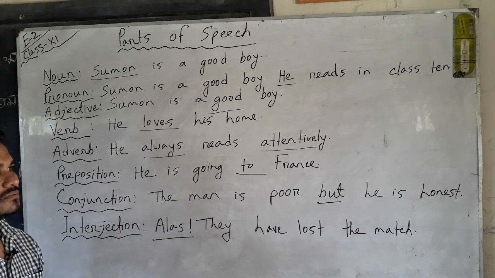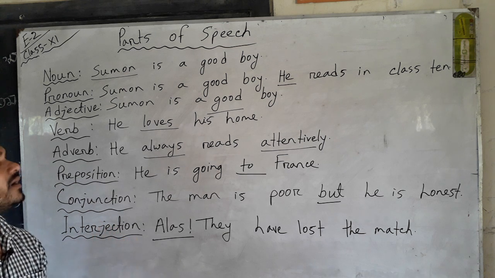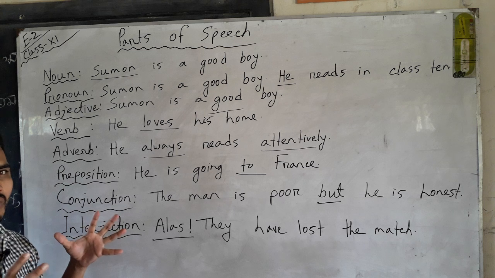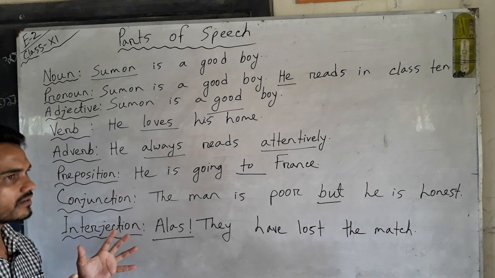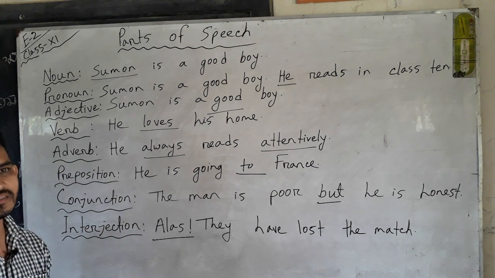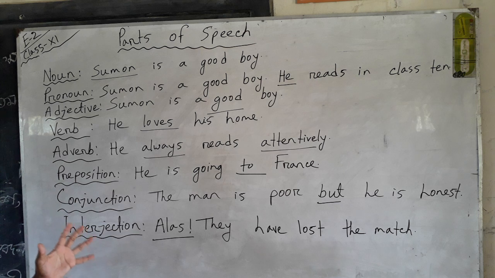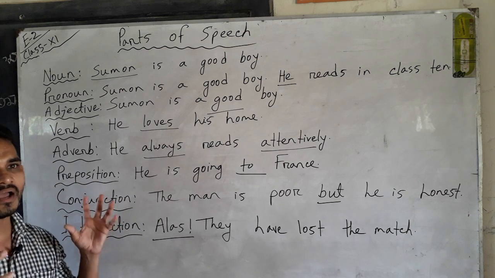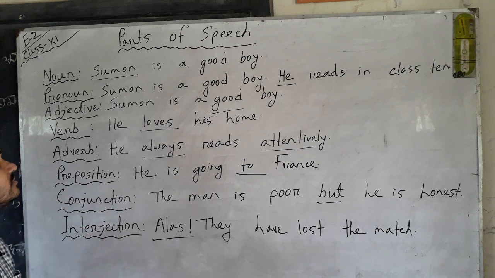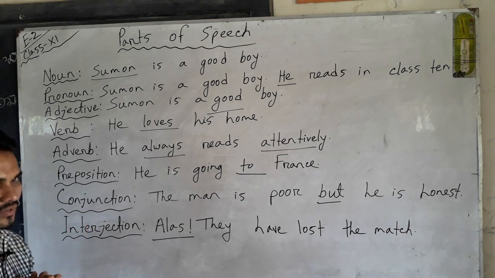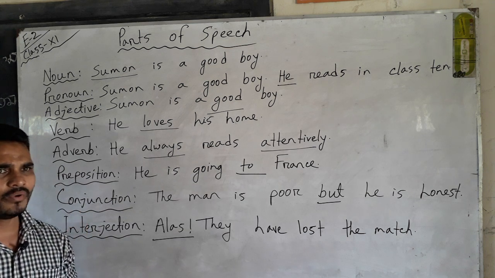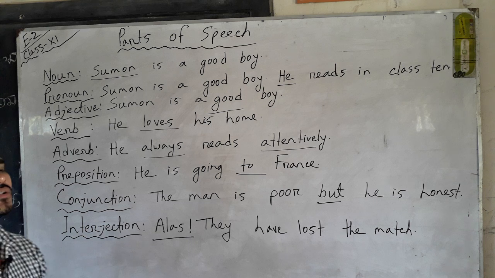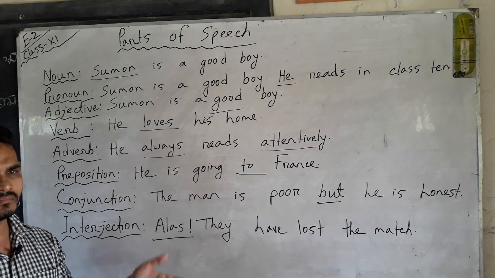Here the word loves is a verb in this sentence, and the word loves here shows an action. Okay, whose action? The action of the subject he. Okay, we may also define it in another way.